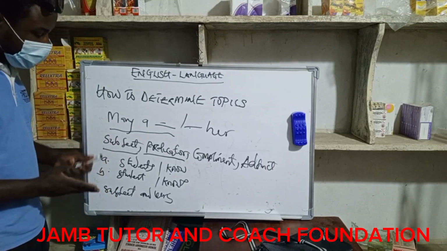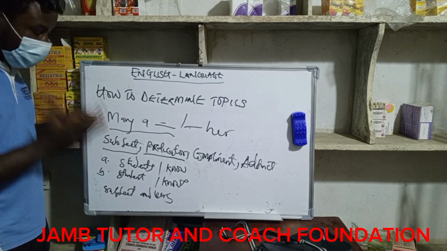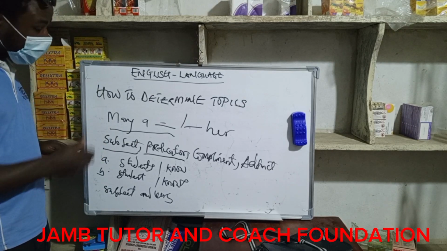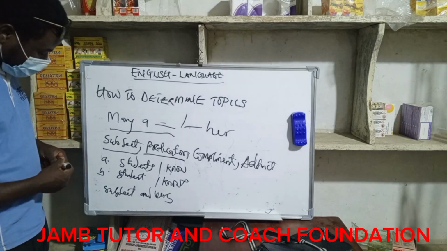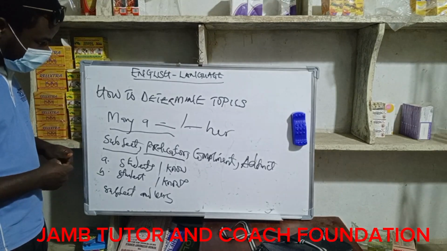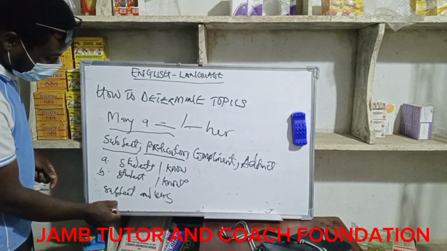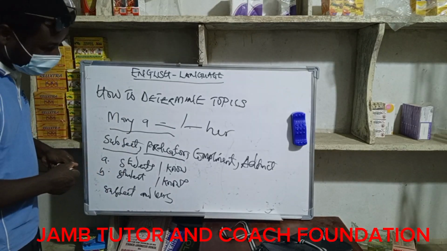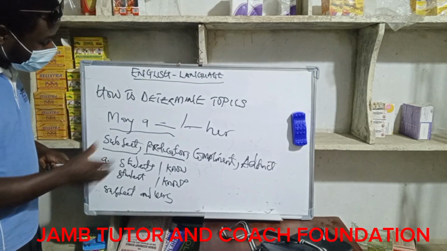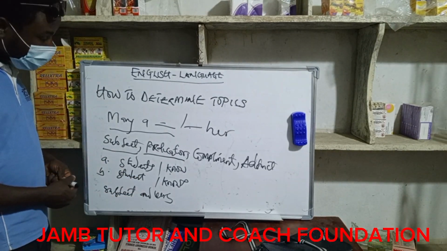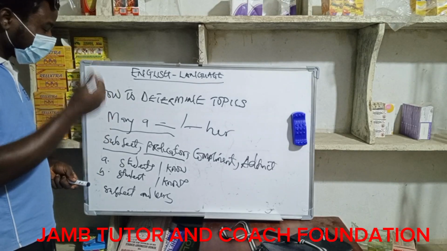So this is basically how to determine the topic from which a question is being drawn. So in our subsequent class, we'll treat the topics under what? Concord. Like this now, the topic is under structure, okay, and under structure we have topics like what? Concord, right?